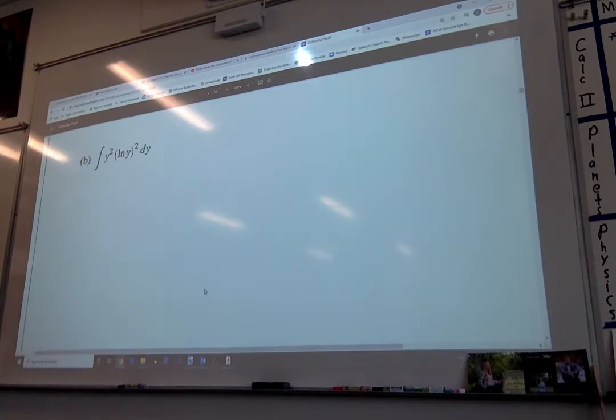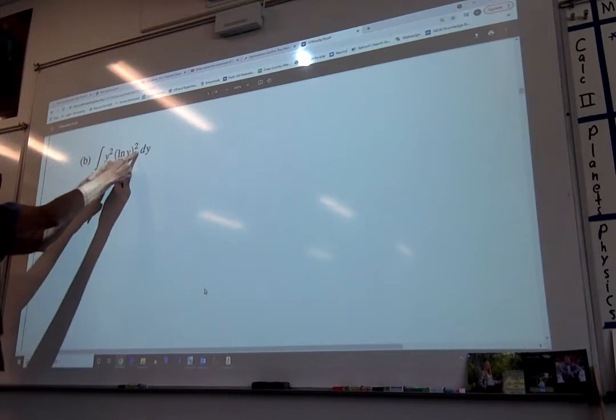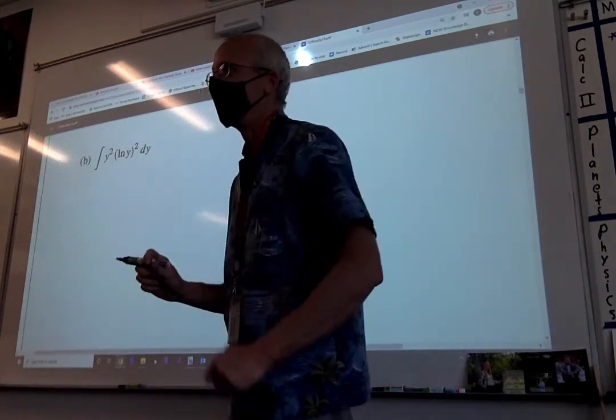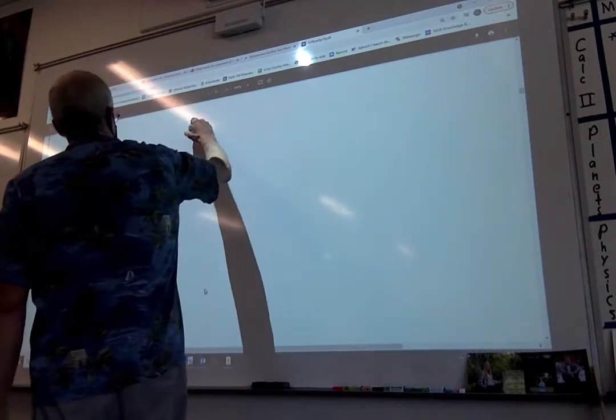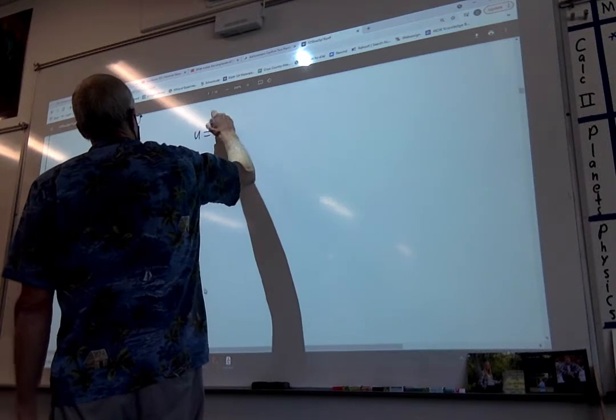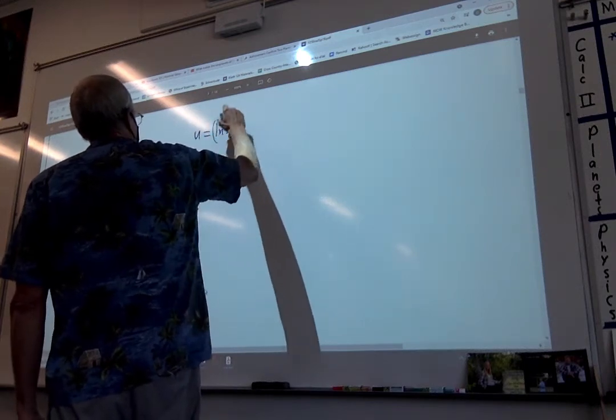Yeah, so when you're doing it by parts, you always have to let u equal the whole thing. It's not obvious that this is going to be easy, right? Let's just start it. It looks like it's going to be a mess, but what else can we do? So u equals ln of y squared.